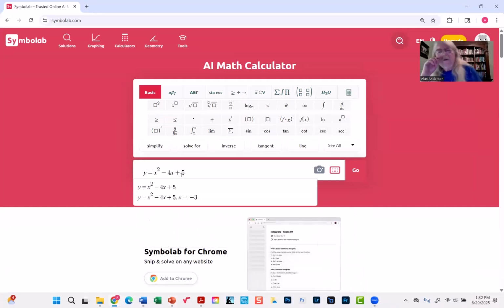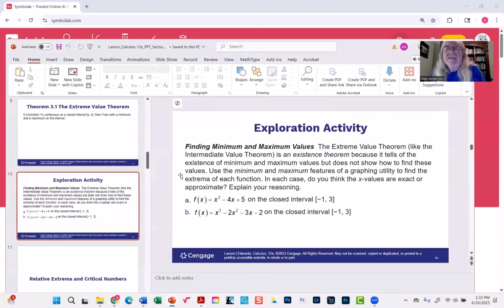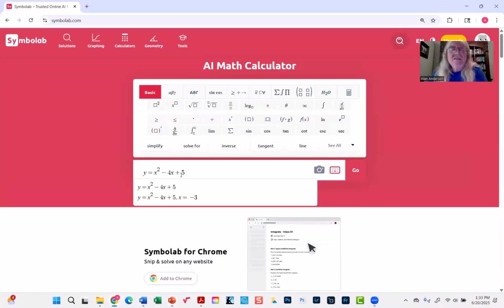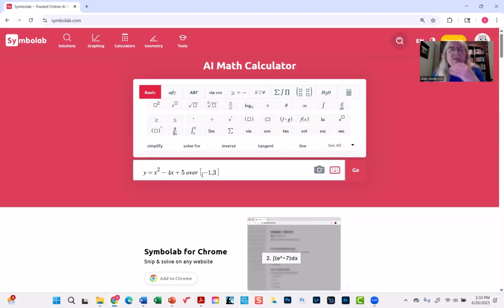Now, I don't know if it's possible to ask Symbolab to only show it to us over a given interval. I've never tried it. All right, let's find out. Maybe we got lucky.